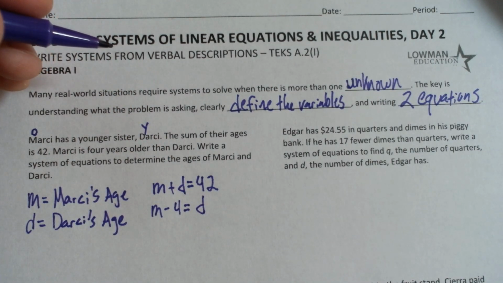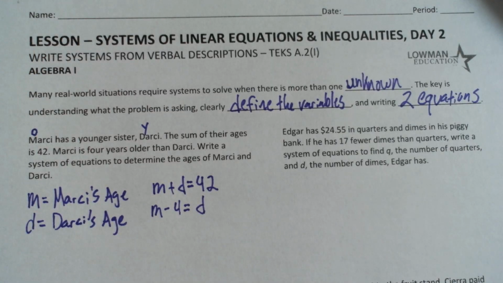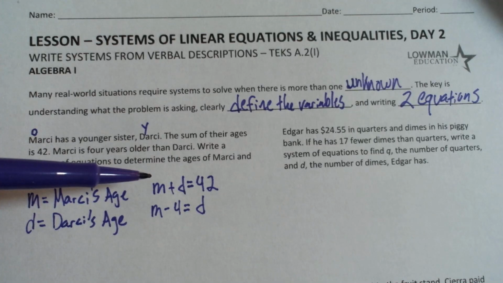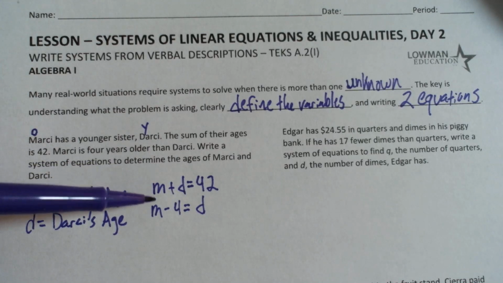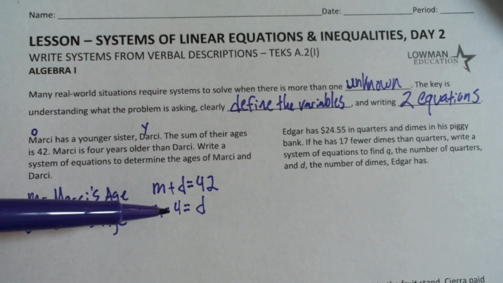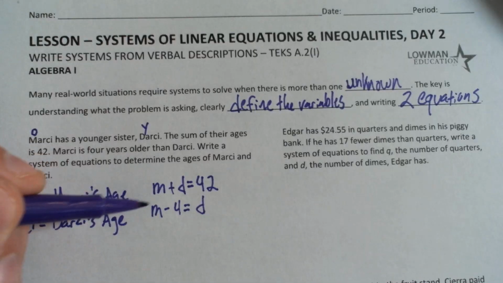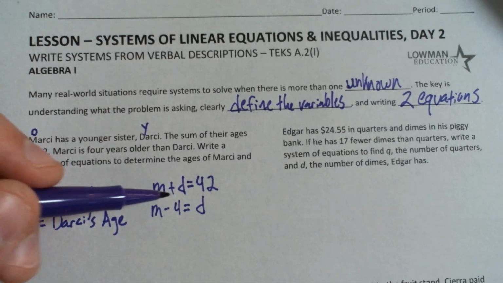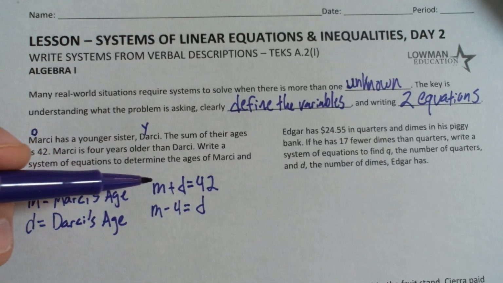Either way works. So we're not really looking at solving them right now. One of the easier ways to do it is to change, instead of M, put X, instead of D, put Y. Be able to graph it and solve it from there. The other way we could do it is to plug in the M minus 4 for Darcy and solve it that way.